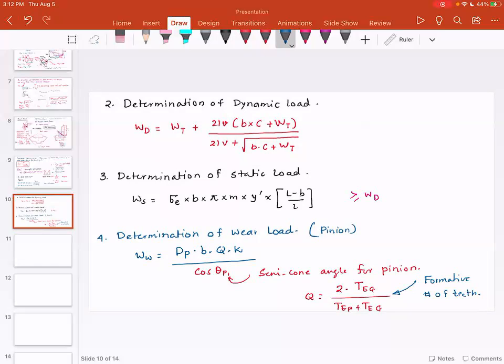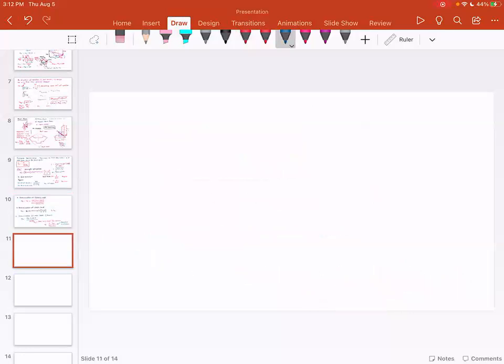Now the next part comes how to design the shaft. So next part is shaft design. And for shaft design, we need to find out the forces on the gear. So just like helical gear design, the bevel gear has a 3-dimensional state of stress.